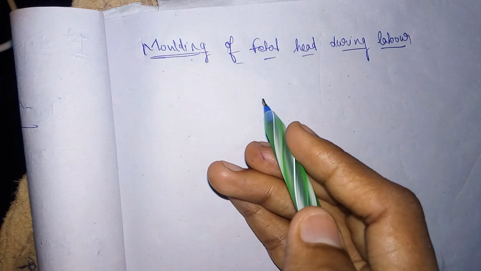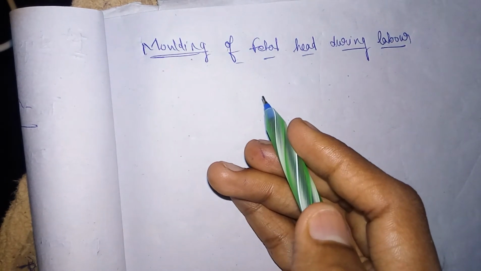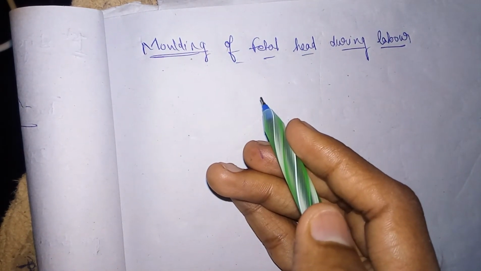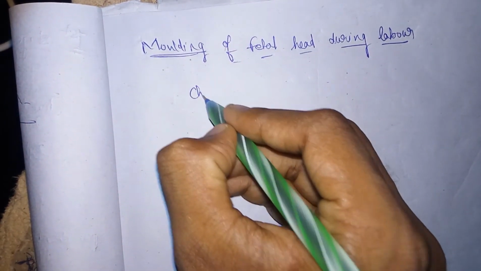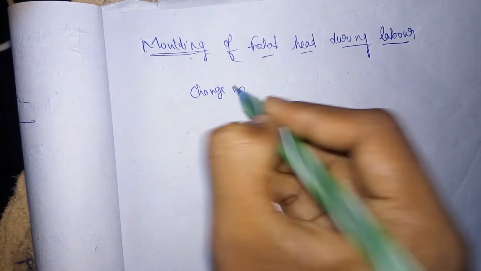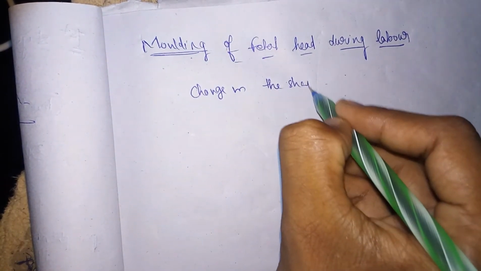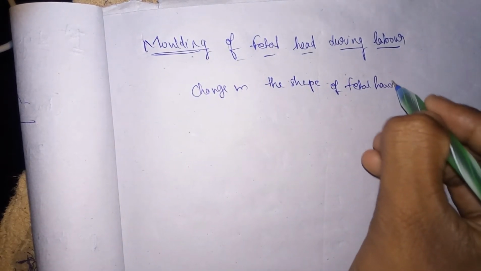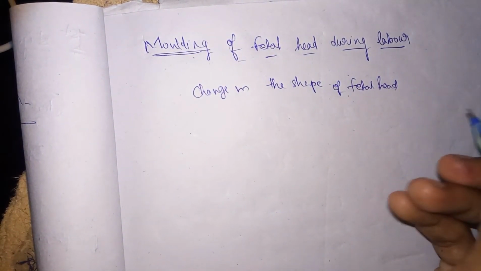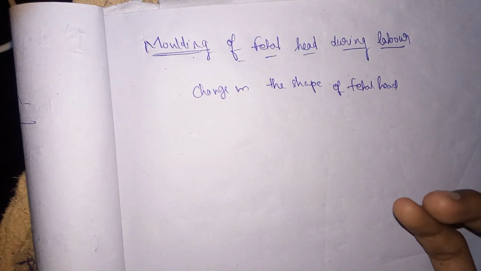Molding of head is the change in the shape of fetal head while passing through the resistant birth canal during labor. Is the change in the shape of fetal head during the passage through the birth canal, we can say.